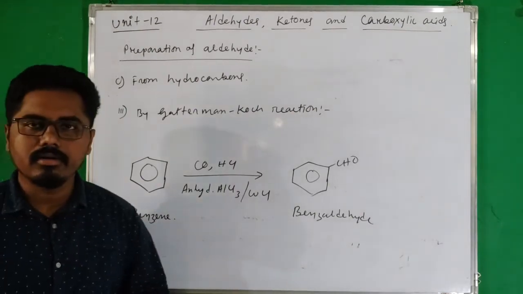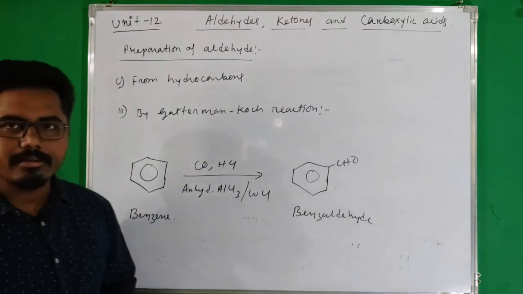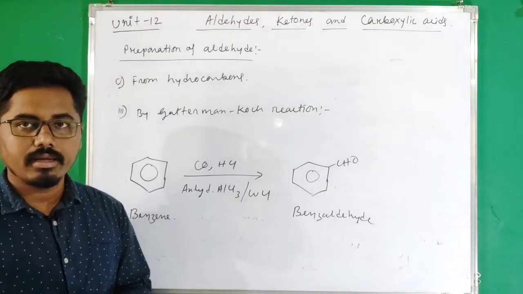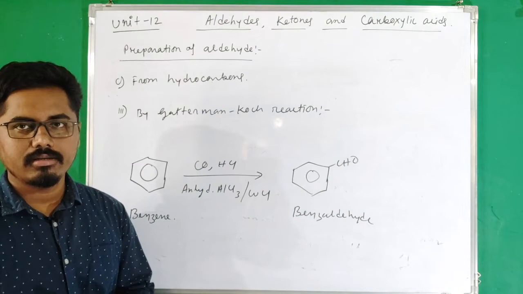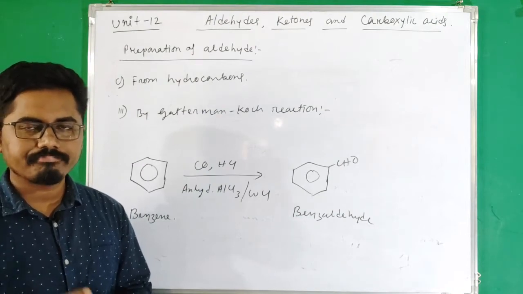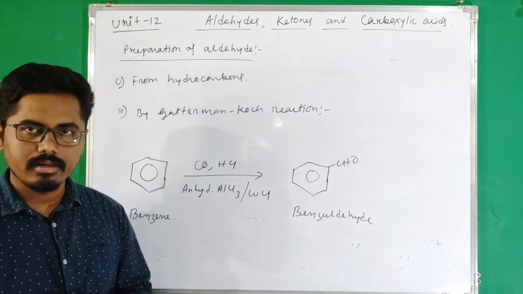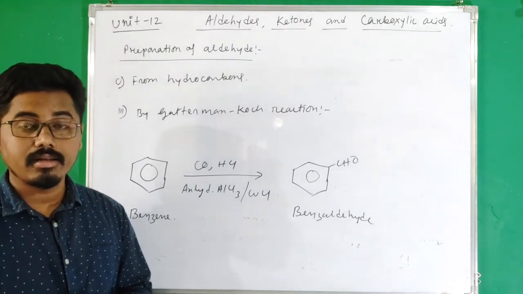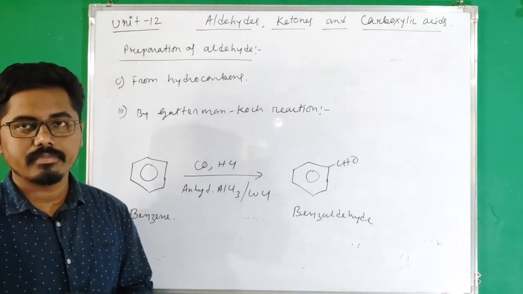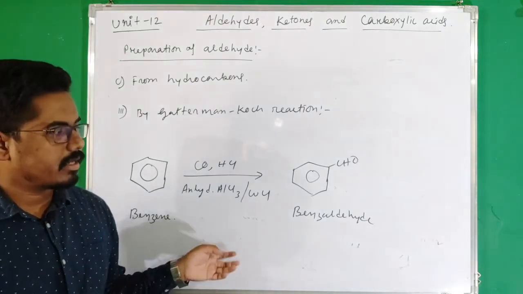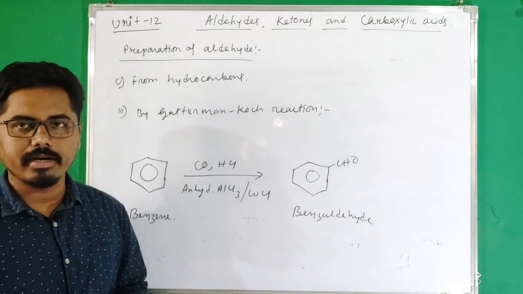So we have learned how to prepare aldehyde. At first, we prepared aldehyde from acid chloride or acyl chloride. That reaction is known as Rosenmund reduction. Then we prepared aldehyde from nitrile. That reaction is known as Stephen reaction. And then we prepared aromatic aldehyde, that means benzaldehyde, from hydrocarbon.